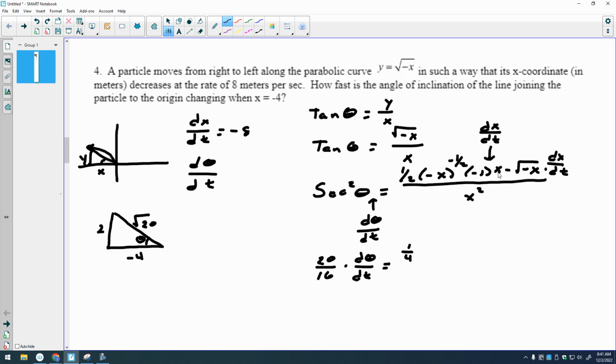Plug in negative 4 here, and I get negative 4 times negative 1 is a positive 4. dx/dt we said was a negative 8, and so this becomes a negative 32. Negative 1 times a negative 4 is a positive 4 times a negative 8 is a negative 32.